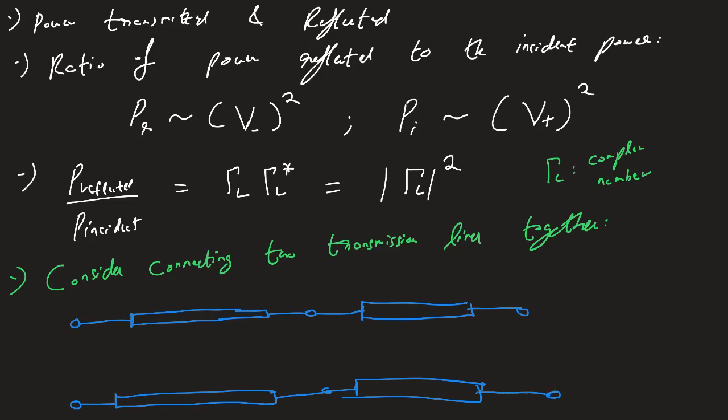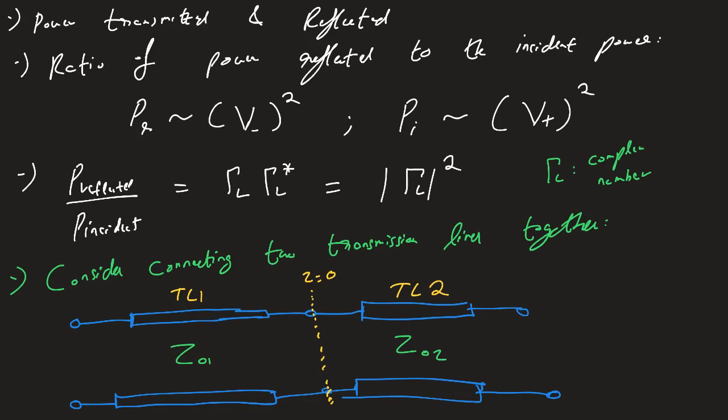Let's say that the first transmission line has a characteristic impedance Z01, and the second transmission line has a characteristic impedance Z02, and we connect both of these transmission lines together, right? So this is transmission line 1 and this is transmission line 2, connected together. Now this is the interface between transmission line 1 and transmission line 2, right? And let's say that this is occurring at the location z is equal to 0.